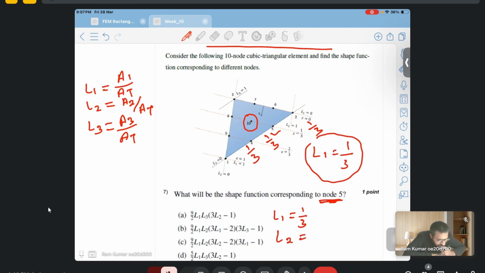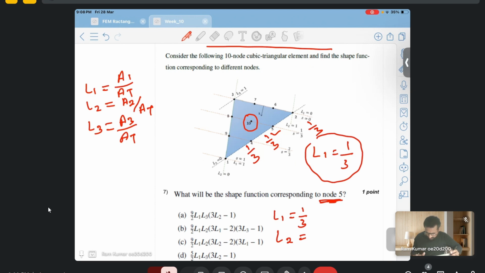Sir, L2 is 1 in this case, throughout this line. No, something I did wrong in this case. We have to go through it from the basics, that will be easy.